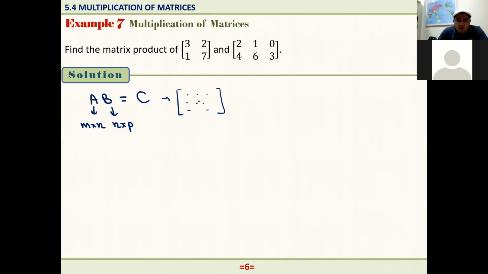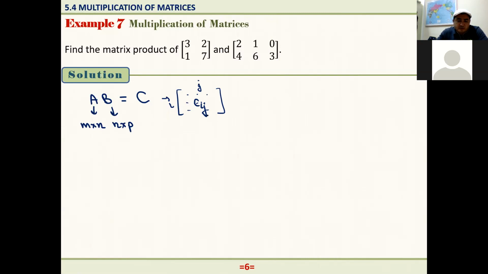If I just pick one entry of C, let's say this one, it is the IJ entry. And IJ entry means this C is in I's row and in J's column. This row is I's row, and this one is J's column.